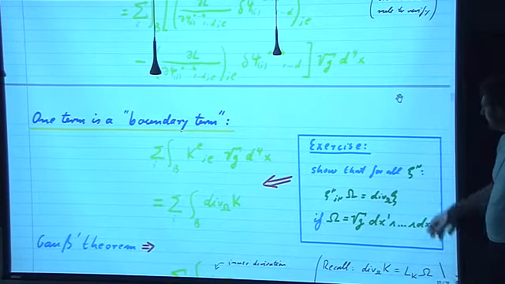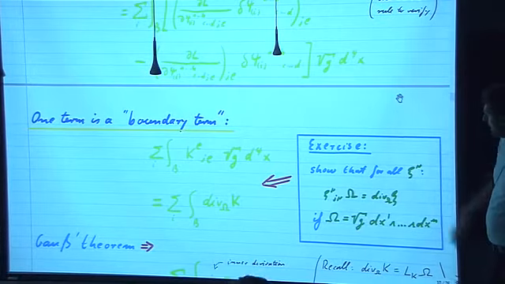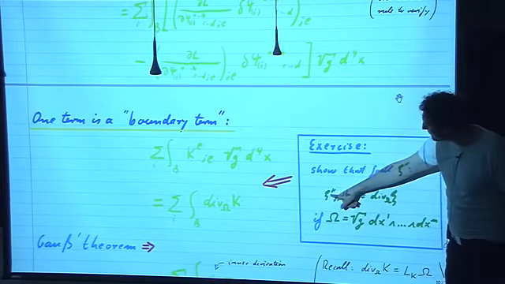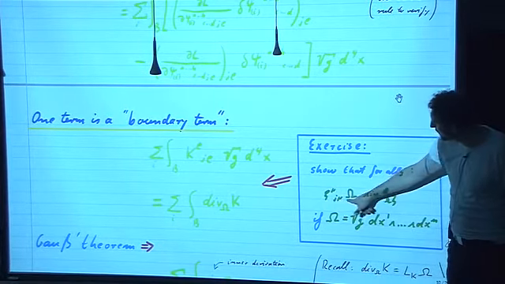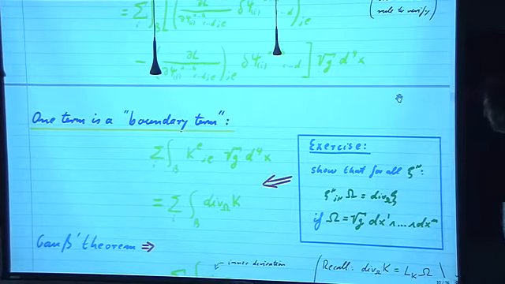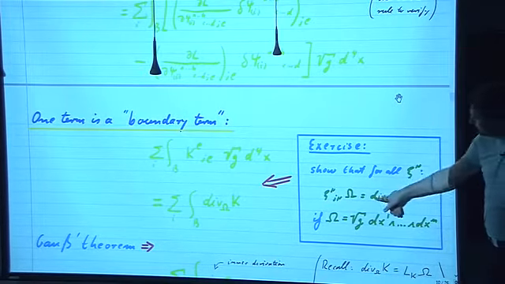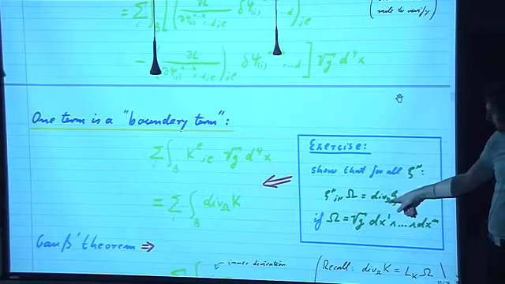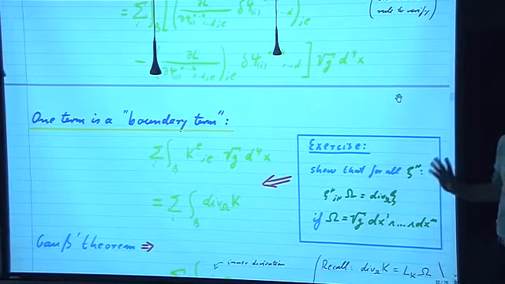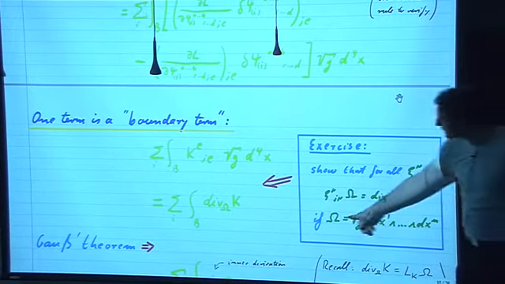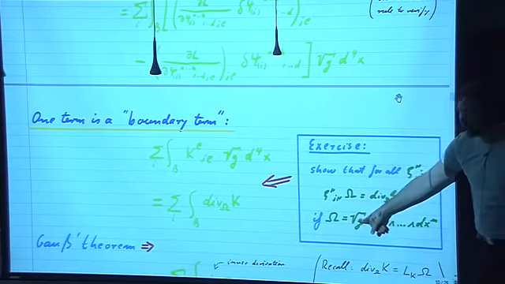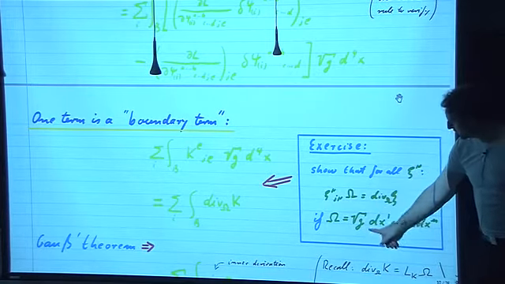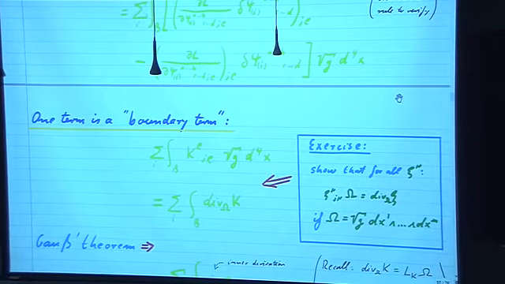So you can show that for all vector fields psi, when you take psi mu, semicolon mu, times the volume form, then this is the divergence of the vector field psi with respect to the volume form omega, if, and that's important, if the volume form is the one induced by the metric, square root of g times dx1 wedge, etc. to dxn.